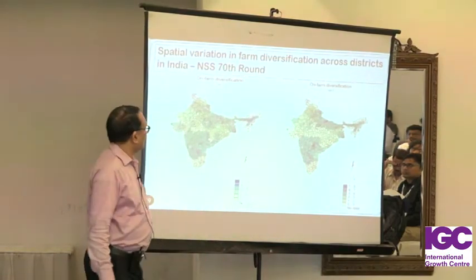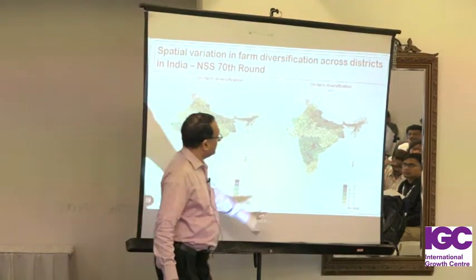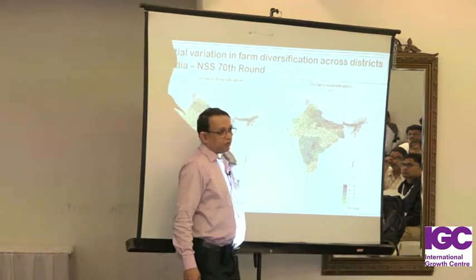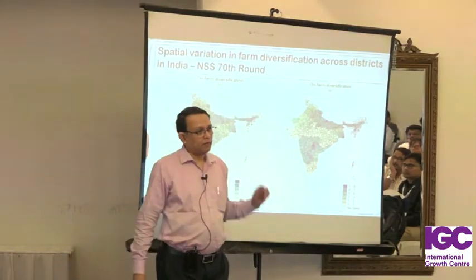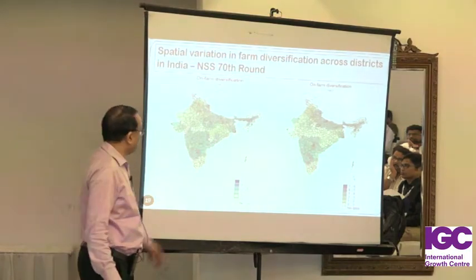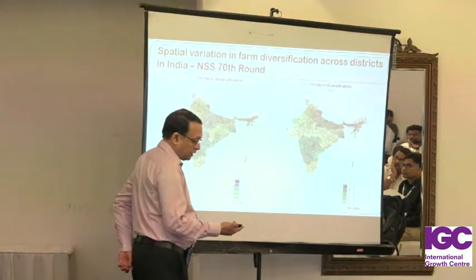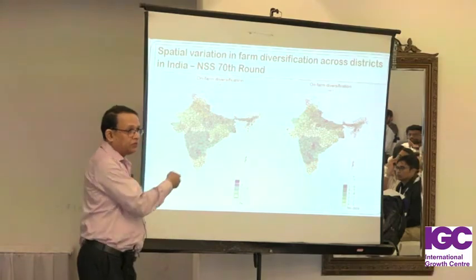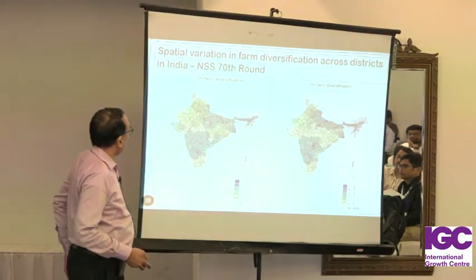So for all these households you can form a panel over the 2 visits. That is possible, and in fact in the paper that we do, that I will talk about later in the afternoon, we do that also. Okay.